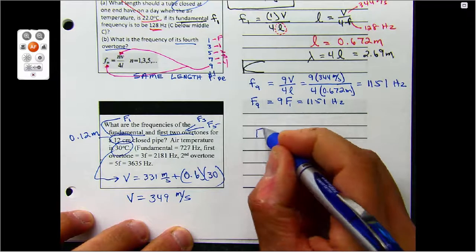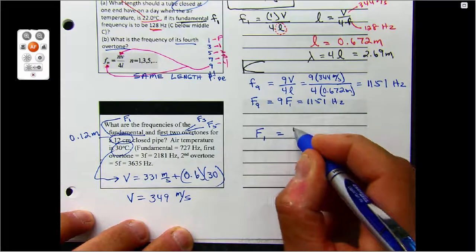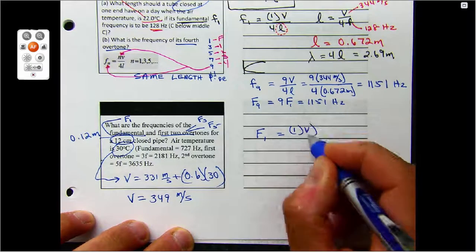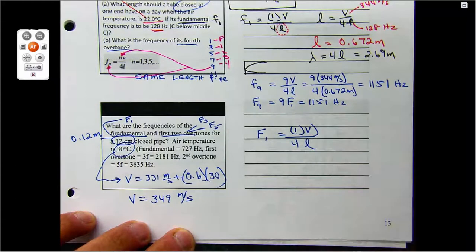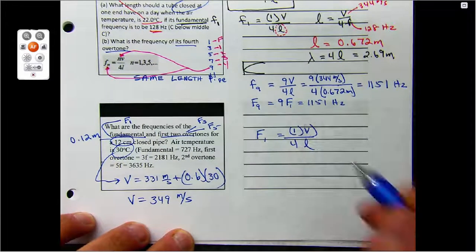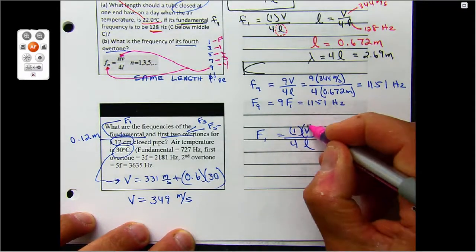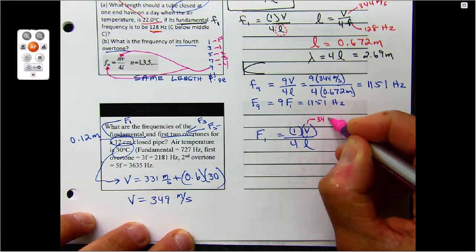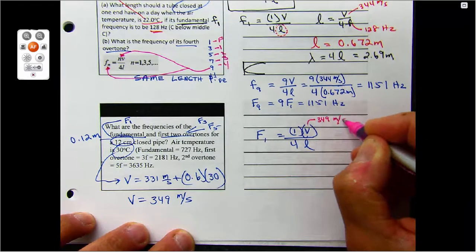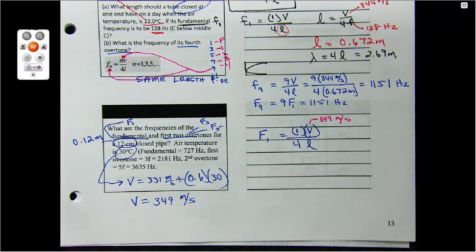Well, then F1 is going to be 1V over 4L. Now, for tomorrow's lab, make sure you got everything in meters.